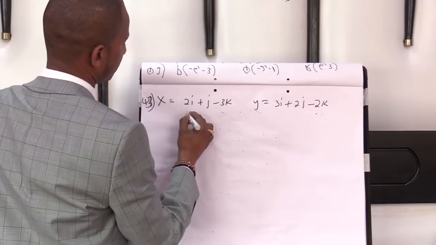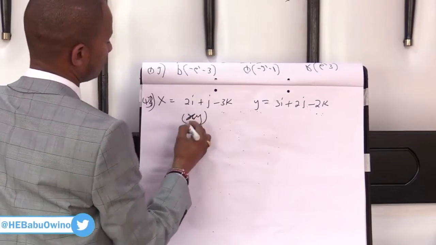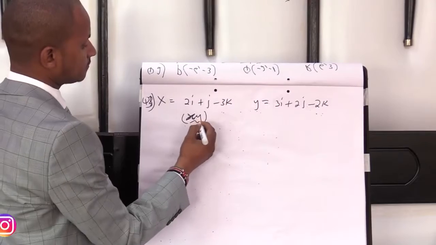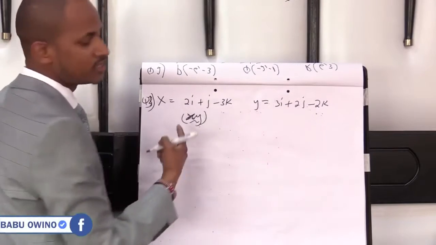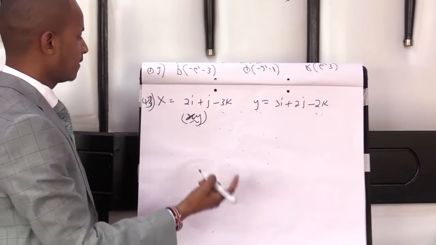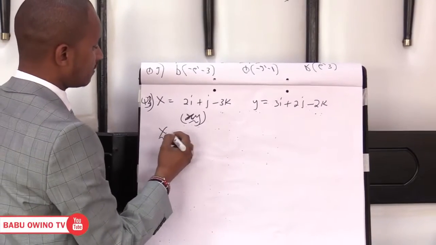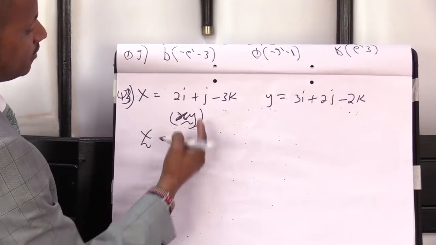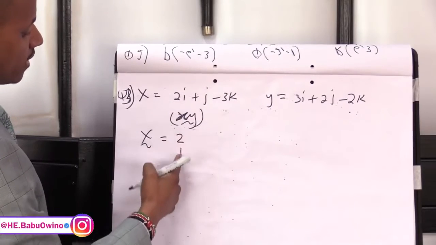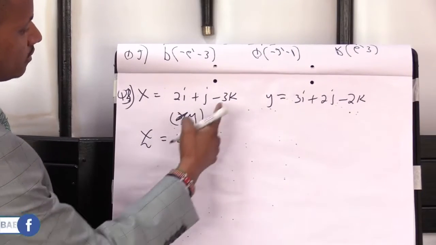Xy means y minus x, but you are given these unit vectors i, j, k. So x in column vector form is, you take them with their signs, 2, 1, minus 3.